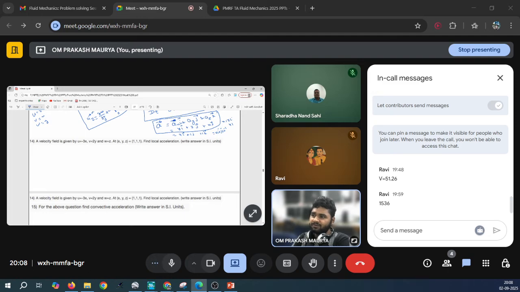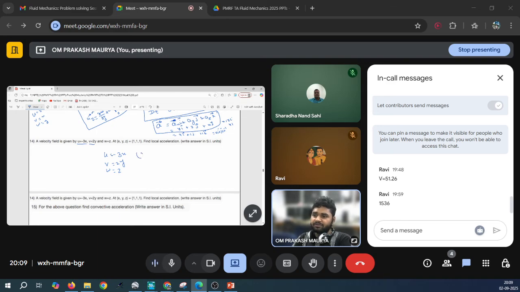A velocity field is given by u is equal to minus 3x, v is equal to 2y, let me just write it very clearly: u is equal to minus 3x, v is equal to 2y, and w is equal to z.